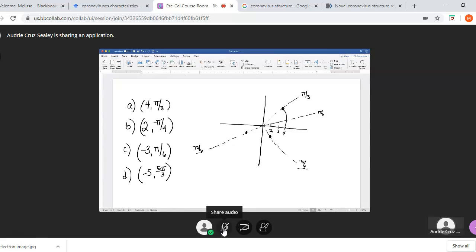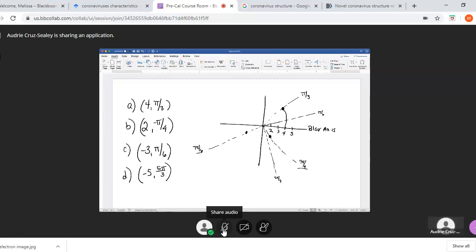Okay. Let's say you have negative 5, pi over 3. So I'm going to come over here to 5 because that's where I always start. You always start on the polar axis. So I'm going to have 5. And then I'm going to go to 5 pi over 3. So where's 5 pi over 3 located? All the way over here. Here's 5 pi over 3.